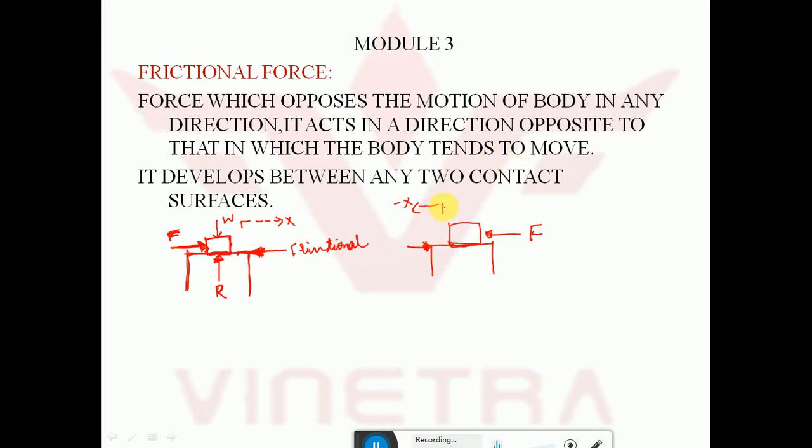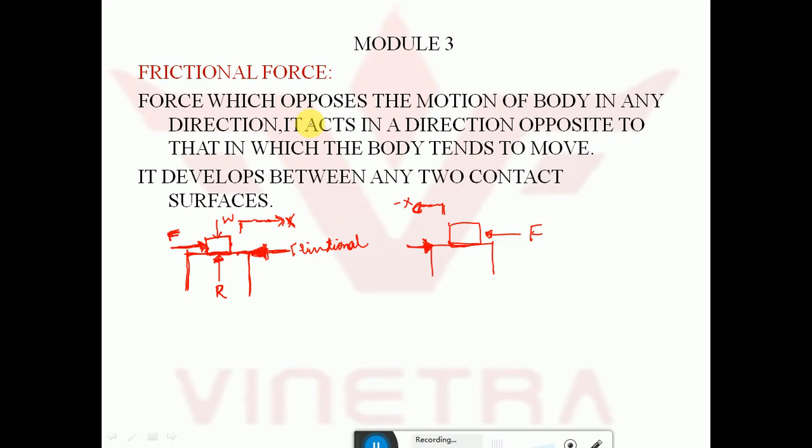Here the body is tending to move in the positive x direction, and the frictional force developed is in the negative x-axis direction. So this is all about the frictional force.